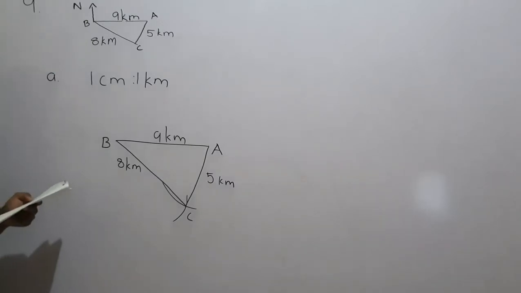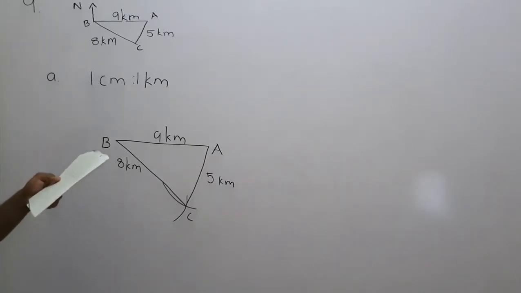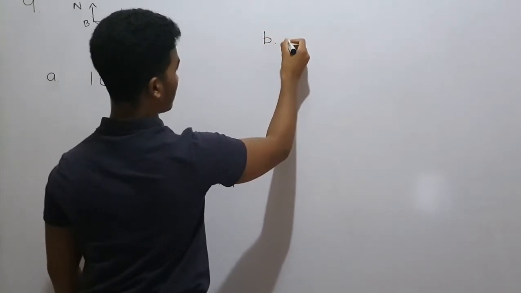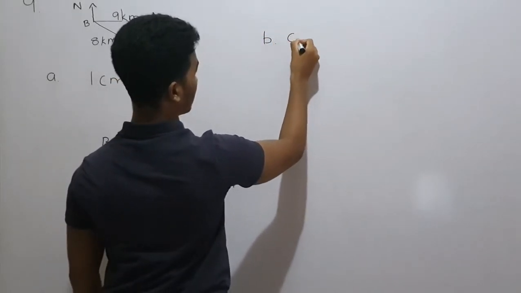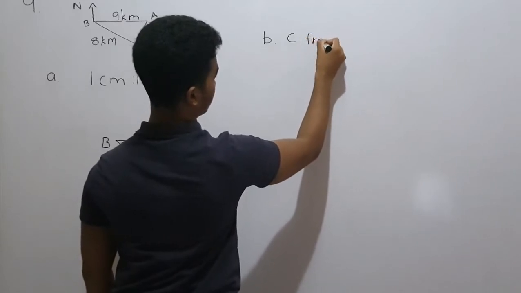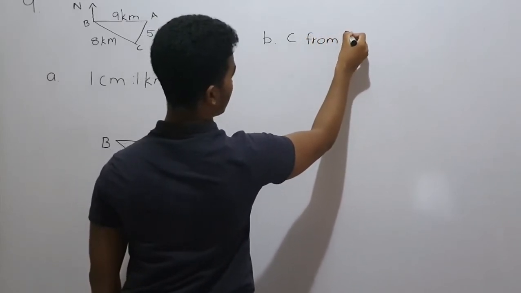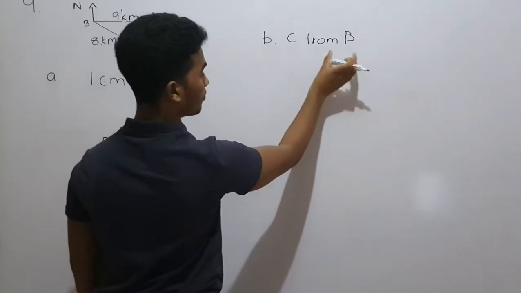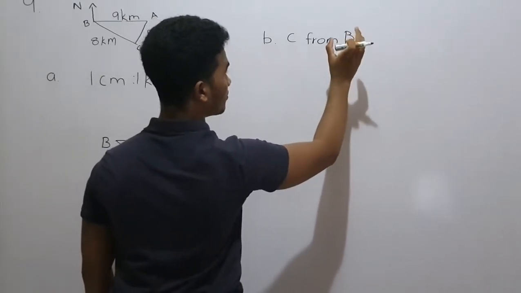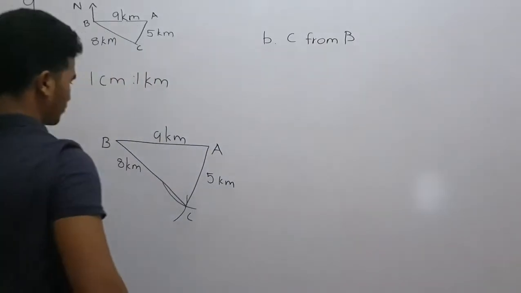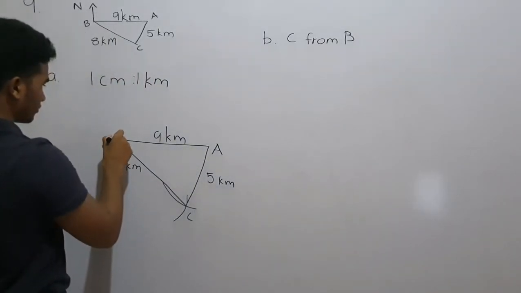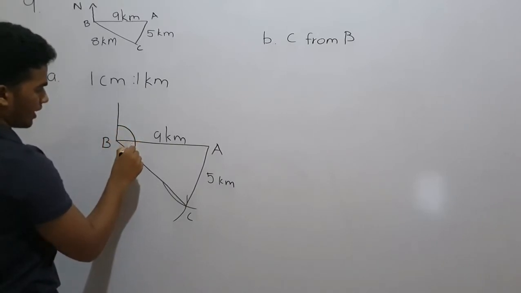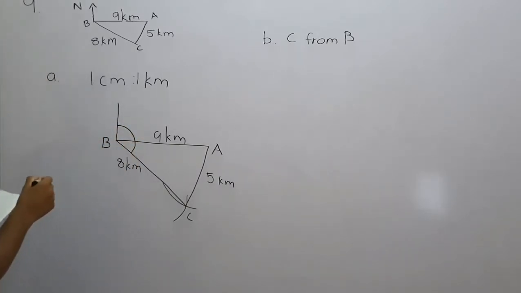Then part B, measure the bearing of C from B. So always remember, when it is something like C from B, you should start from B to C. So B is here. B to C is this full angle.